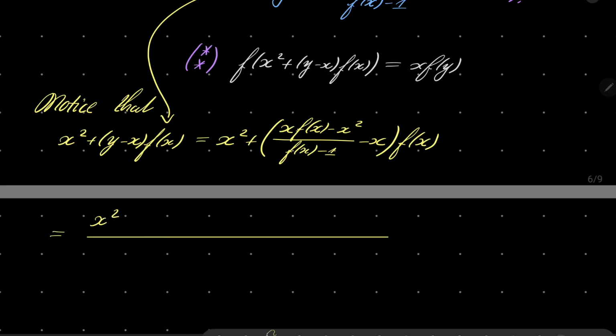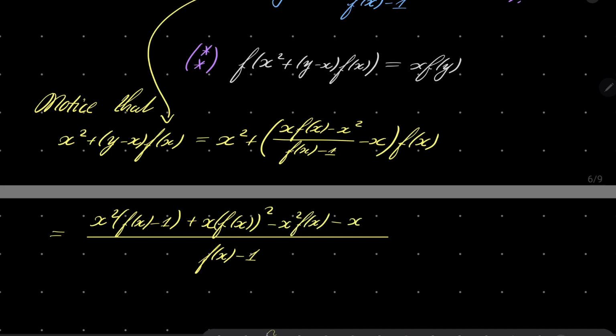We have x squared times f of x minus 1, plus x f of x squared, minus x squared f of x, minus x f of x squared, plus x times f of x. And we have a bunch of cancellations going on, namely this cancels with that, and moreover here we have x squared f of x.